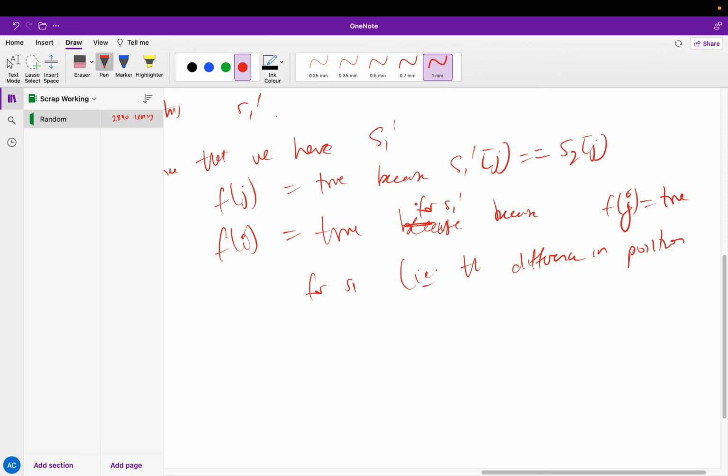F of I for this new string S1 prime will be true, because f of j was true for the original S1, meaning the difference in position between S1 at j and the corresponding character was even.